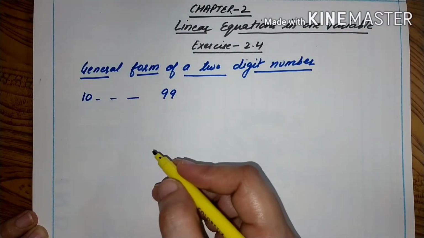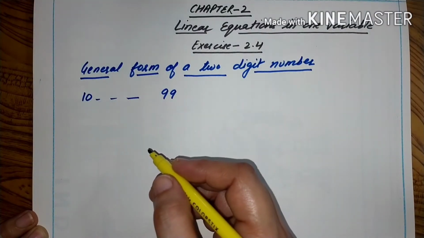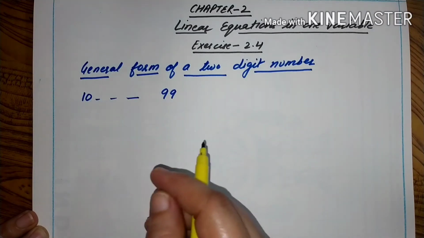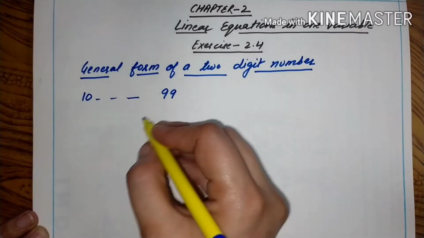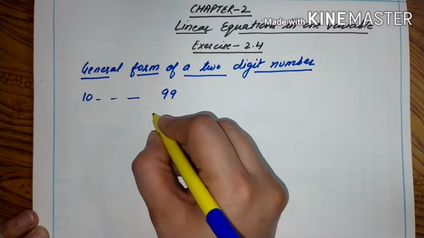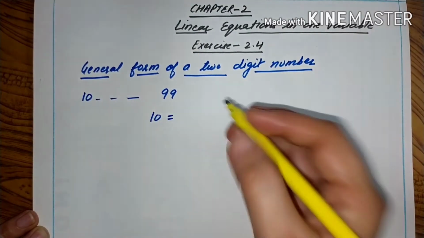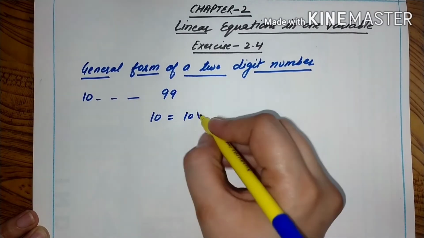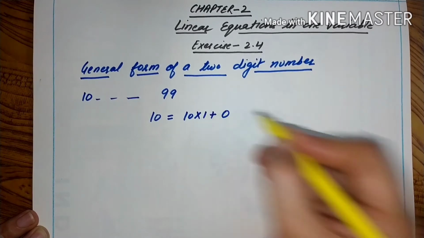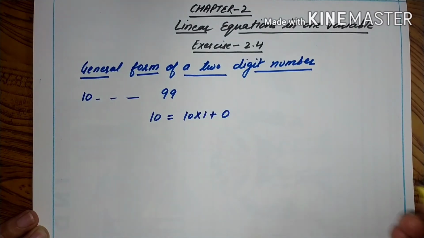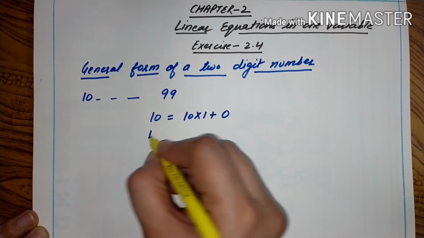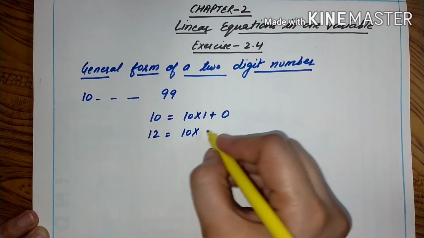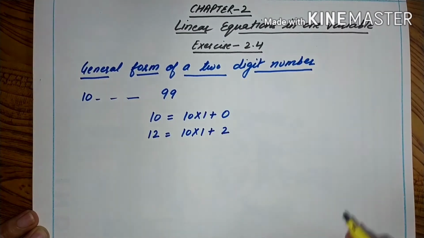So, we will talk about the general form of a two-digit number, means a form in which every two-digit number can be written. So, for that, see 10. We can write 10 as 10 into 1 plus 0. Similarly, 12 we can write as 10 into 1 plus 2.